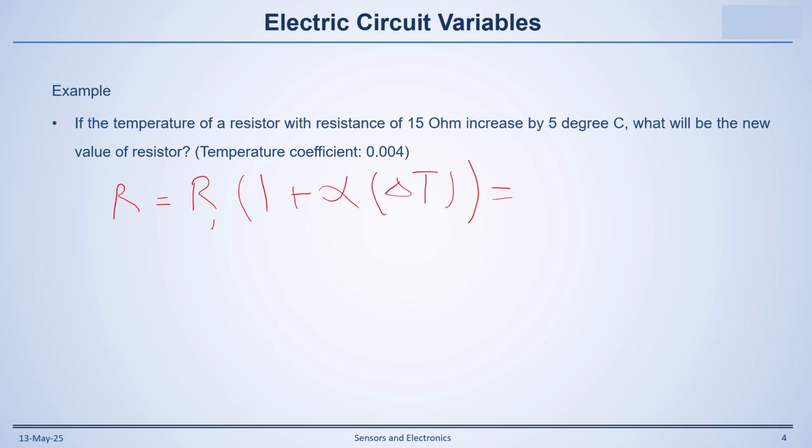Our R ref is 15 here, times 1 plus 0.004 multiplied by 5, which is 15.3. So for this resistor, if we increase the temperature by 5 degrees, we will have 0.3 ohm more resistance.